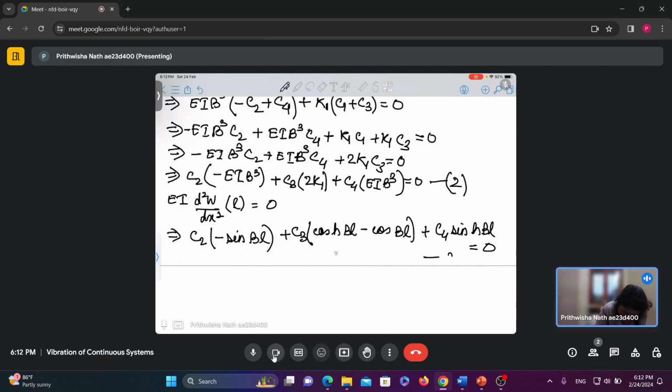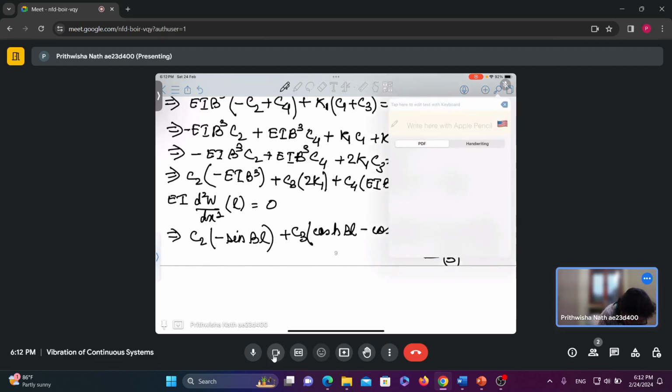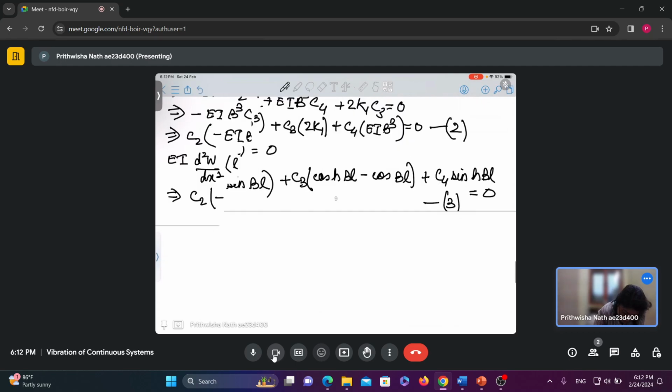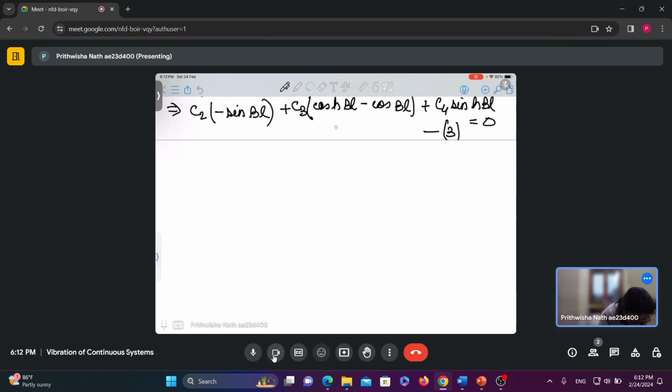Now this is the third equation. Now again I can use another condition, K2 into W at end L.